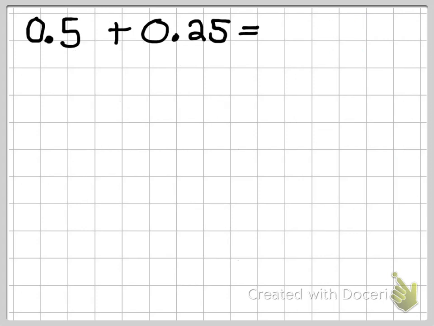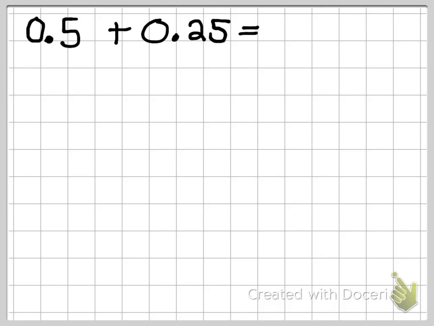Okay, let's see another example of this, both with the regular fractions and the decimal fractions. Let's start with the decimal fractions first. So your first step is to, well, let's look at the problem first. We have 5 tenths plus 25 hundredths.